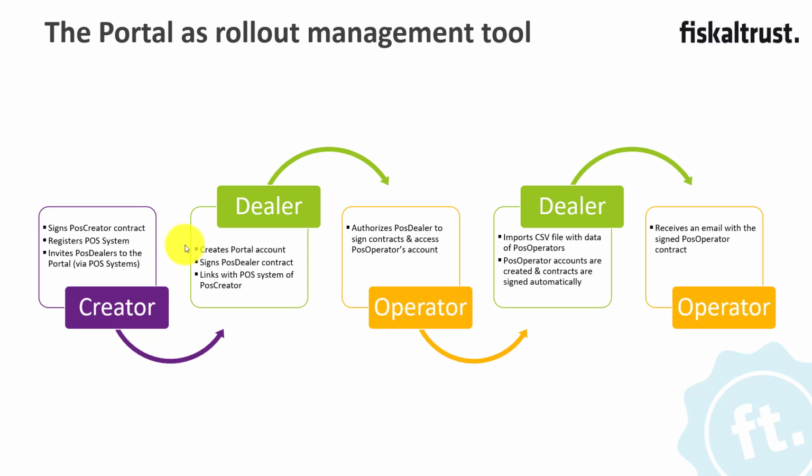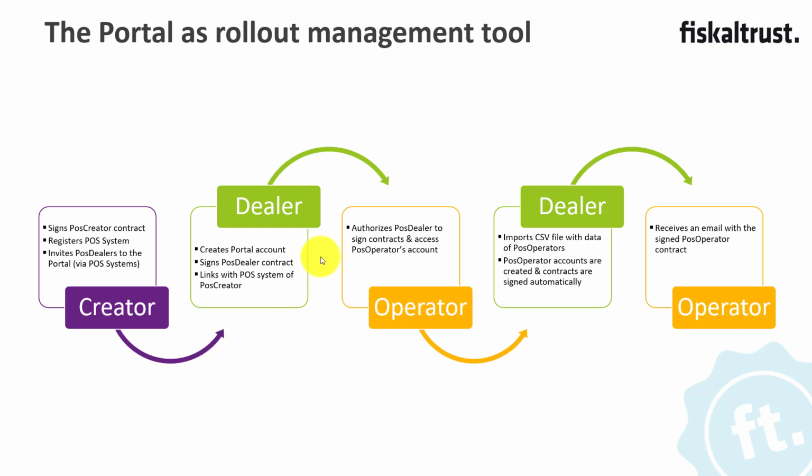And the POS dealer then creates their account and also signs the POS dealer contract. The POS dealer contract basically regulates some common mode of operation. It also contains the SLAs and also data how we cooperate to provide the best experience to our common end users. And then if they got invited, they will automatically link the POS system to their account, which you previously created.